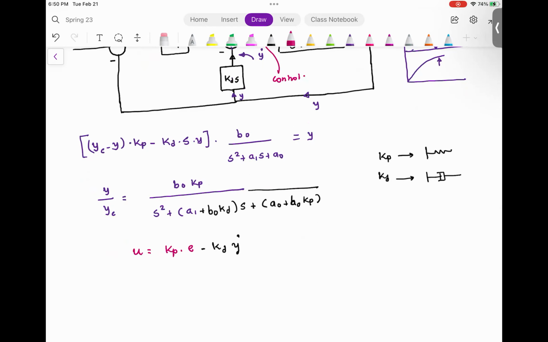What that means is, if the error is 0, then the majority of the control effort is governed by the velocity of the output, the response to the output velocity. And if y dot is equal to 0 or very small, then your control effort is governed by the difference, or error.